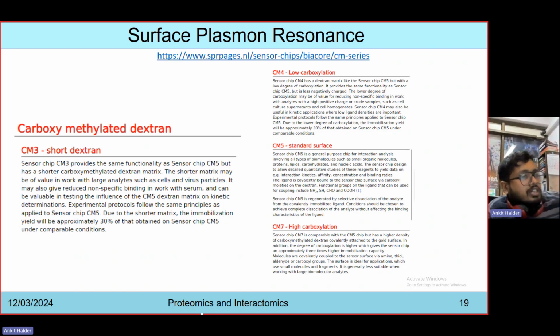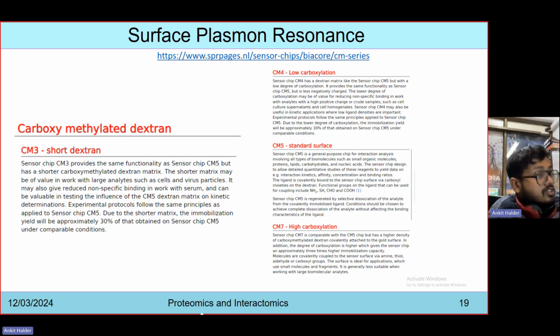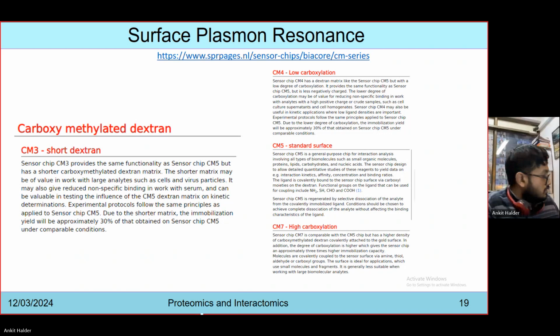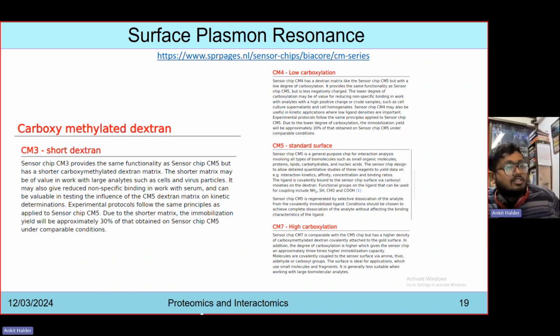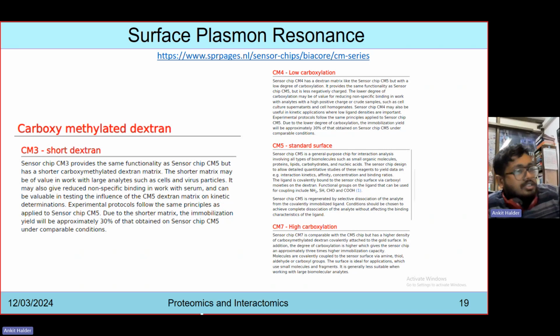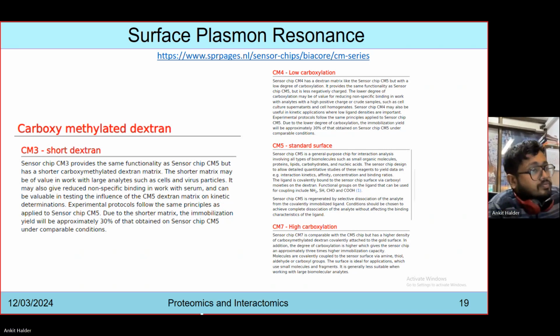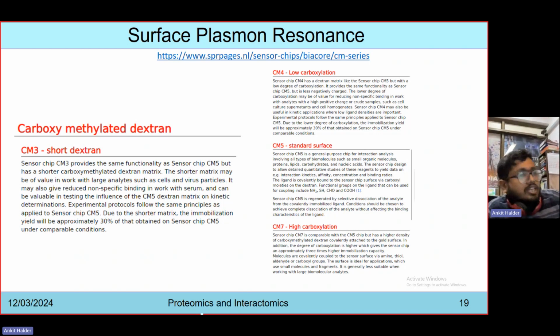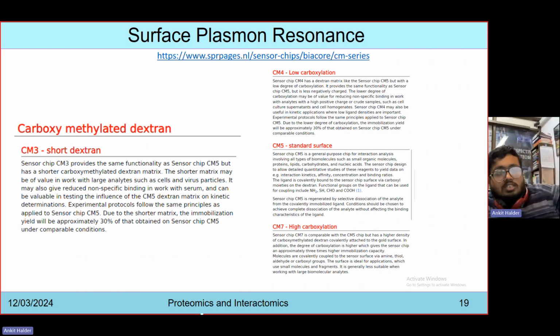The ligand is covalently bound to the sensor via the carboxyl moiety of the dextran, and can be coupled through NH2, SH, CHO, or COOH groups. The surface is regenerated by selective dissociation of the analyte from the covalently immobilized ligand. Conditions should be chosen to achieve complete dissociation of the analyte without affecting the binding characteristics.